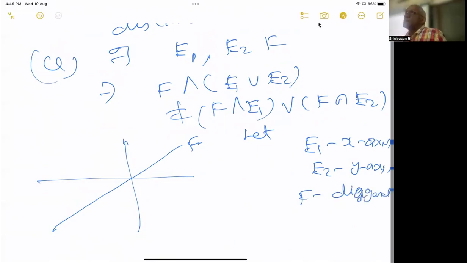Then it's clear E1 union E2 is the whole of R2. That intersection F is F itself. On the other hand, F intersection E1 is 0, trivial. F intersection E2 is also trivial. When you take the union, it's 0 again. So distributivity is not satisfied by subspaces. You take E1, E2 to be the x-axis, y-axis, and F to be some other diagonal, then it will not satisfy distributivity.